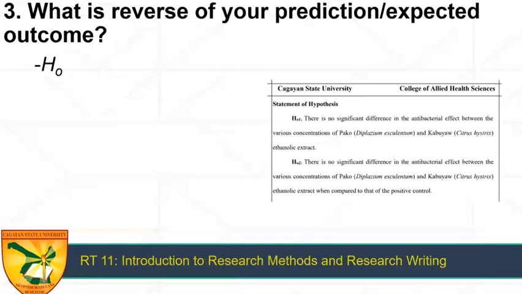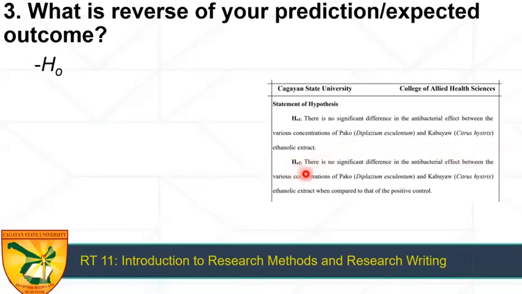Third is, what is the reverse of your prediction or expected outcome? Because we will be writing your null hypothesis. So we have two null hypotheses. The reverse of that is there is no significant difference in the antibacterial effect between the various concentrations of pako and kabuyao ethanolic extracts.